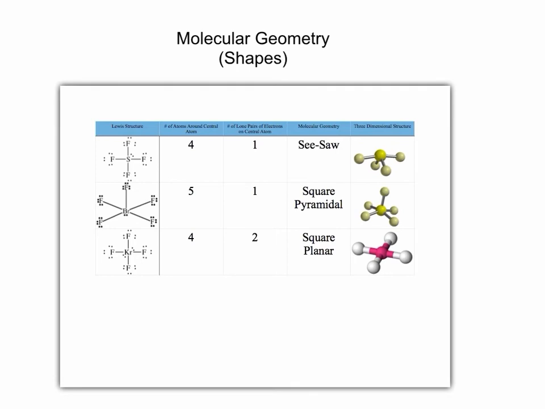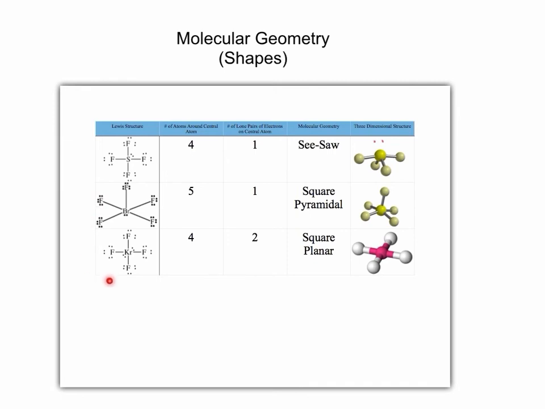If we cover up one of those 5 bonds and change it to a lone pair, we get what's known as a seesaw shape, because we still have a lone pair over here that's going to repel all the other bonds away from it. So here we have 4 atoms and 1 lone pair, and we get the seesaw shape.